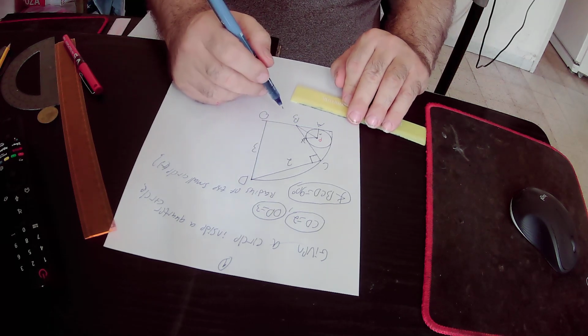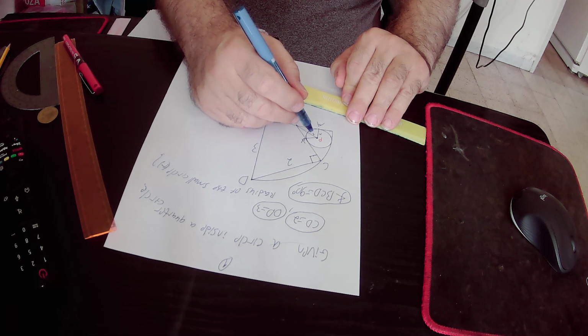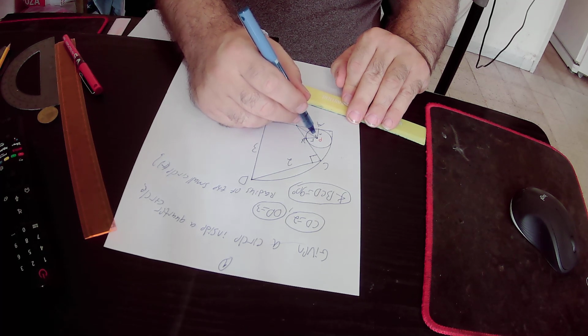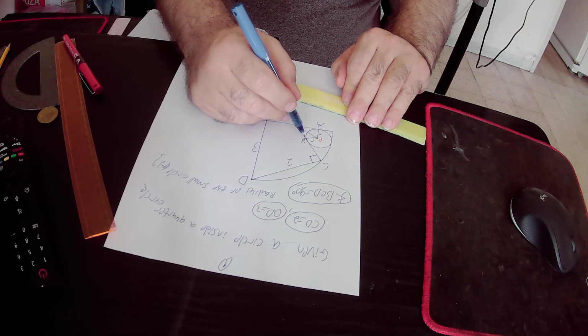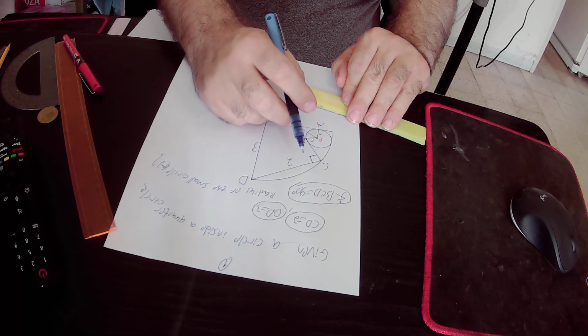Actually, PX is the radius of the small circle because it starts from the center of the small circle, point P, and ends at point X, a point on the small circle itself. Therefore PX is the radius of the small circle.